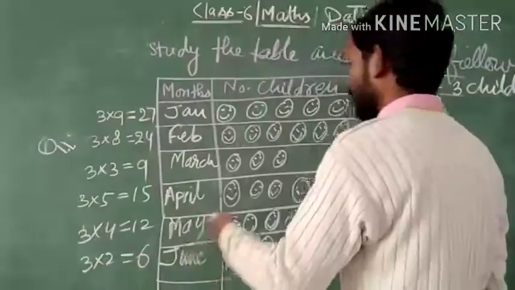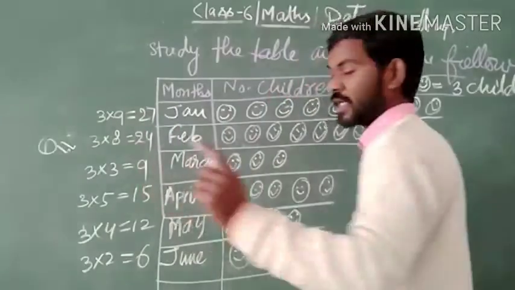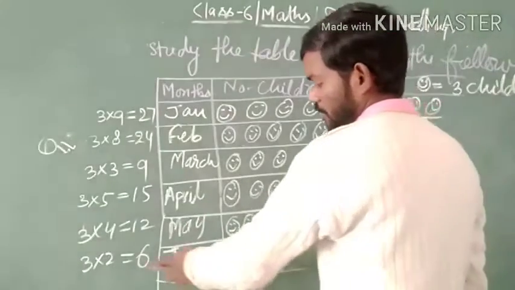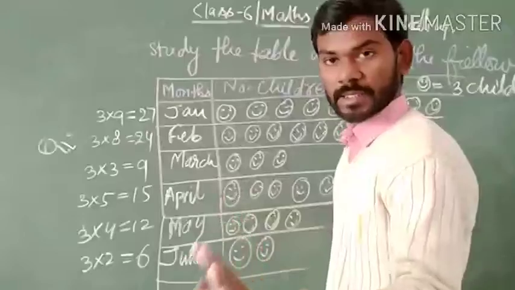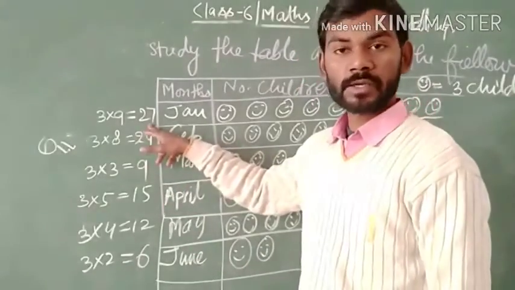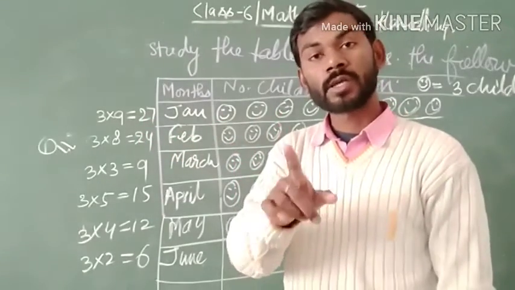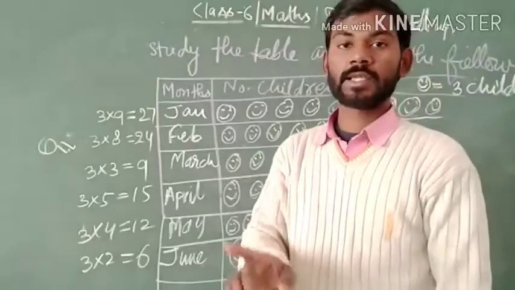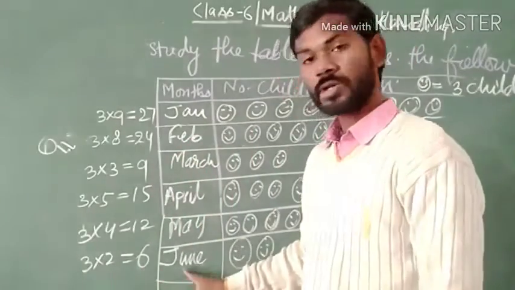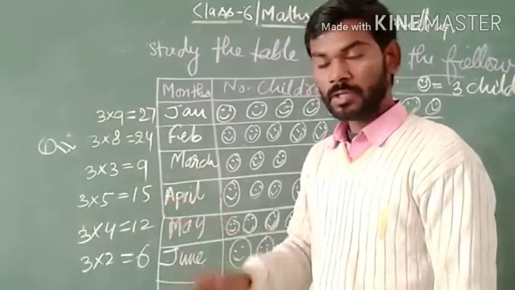Here we can see that in January the number of children born is 27, and in June the number of children born is 6. There is no number greater than 27, so the maximum is 27, and this happened in January, and the minimum number of children born is 6, which happened in June.